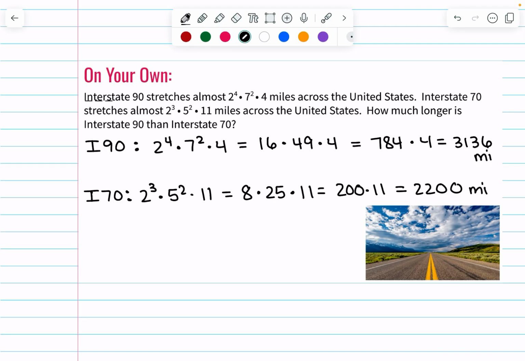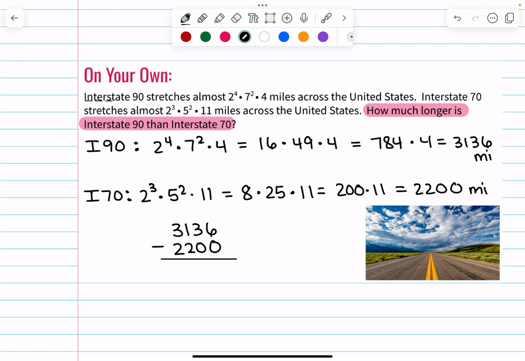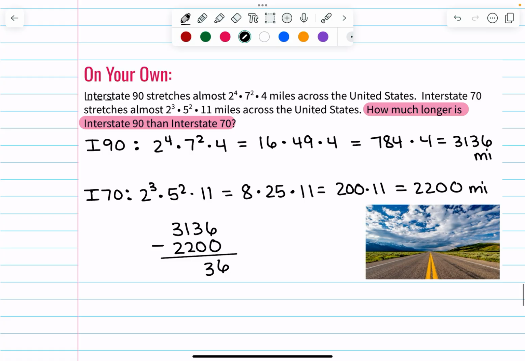Okay, so the question is asking me, how much longer is I-90 than I-70? So we have to do some subtraction here. So we are 3,136 minus 2,200 miles. Okay, subtract straight down. 6 minus 0 is 6. 3 minus 0 is 3.